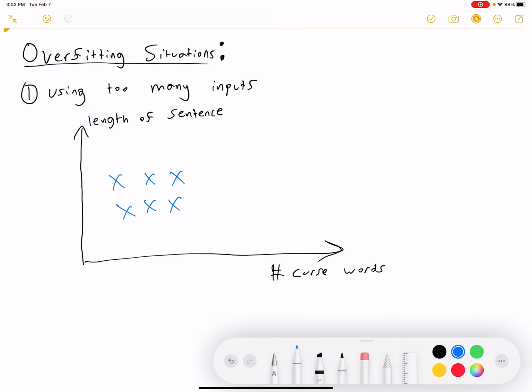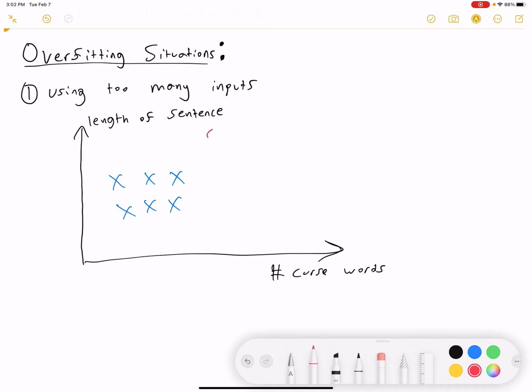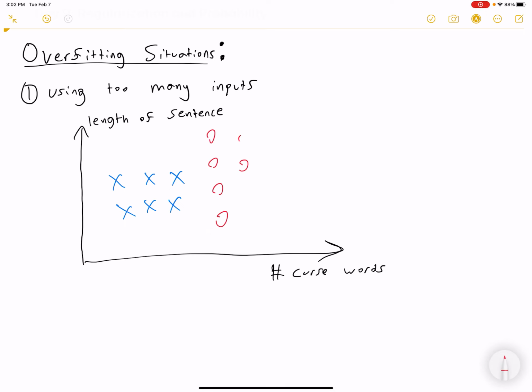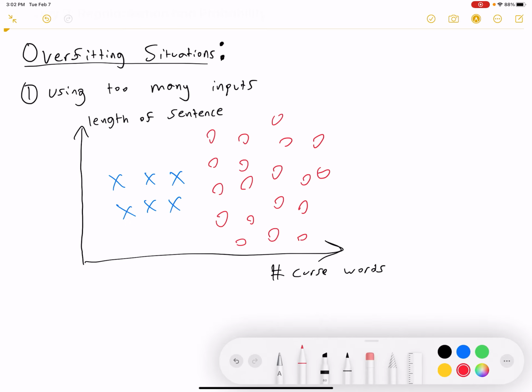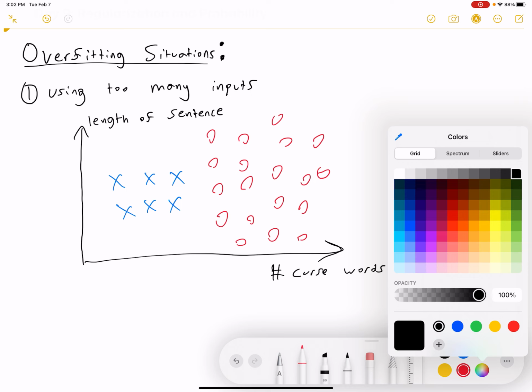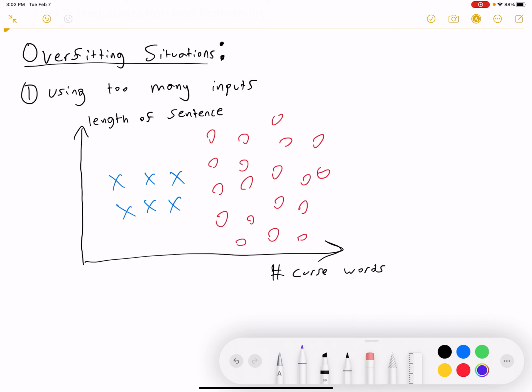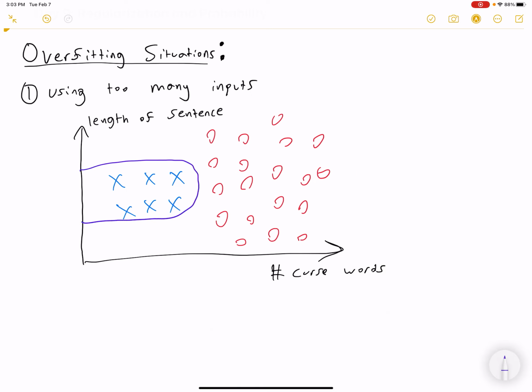This is just an illustrative example. Let's say the data are like this. And let's say we have a model that is pretty powerful and therefore learns a decision boundary like so.